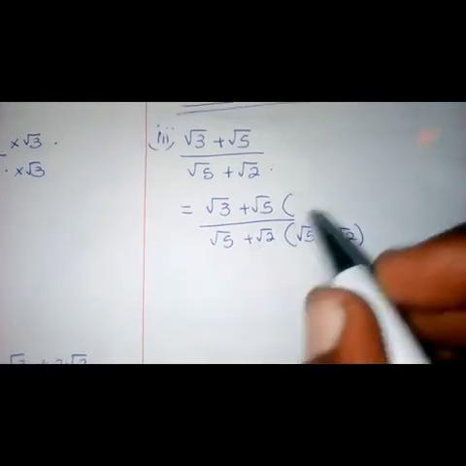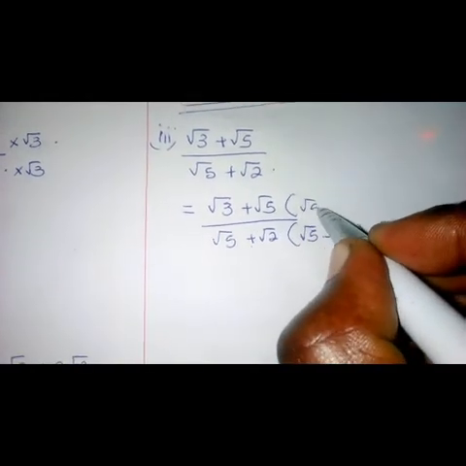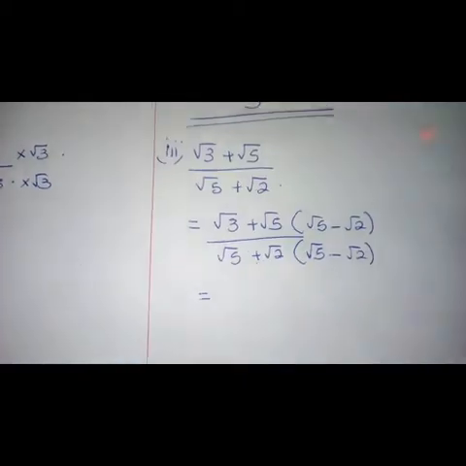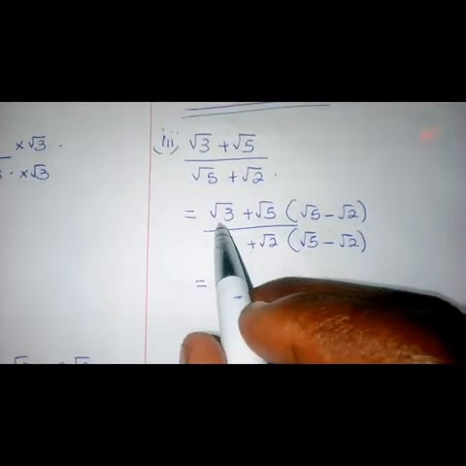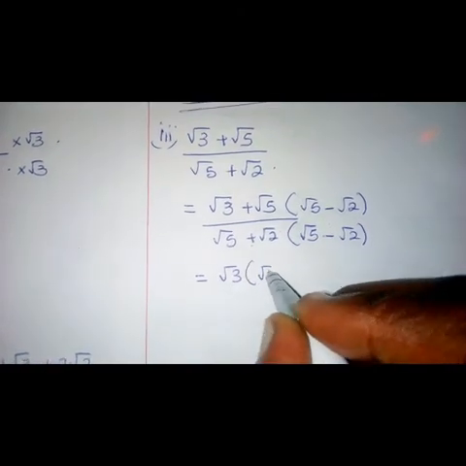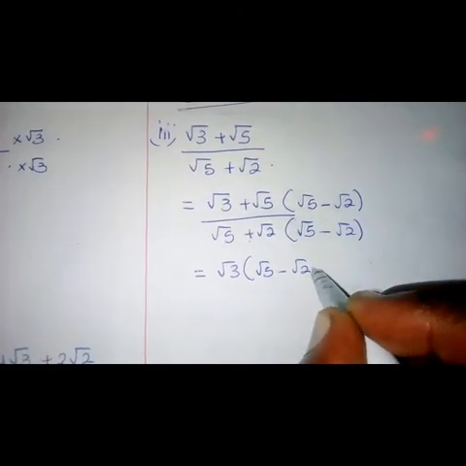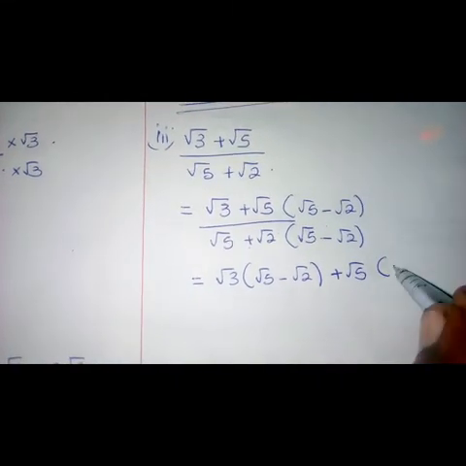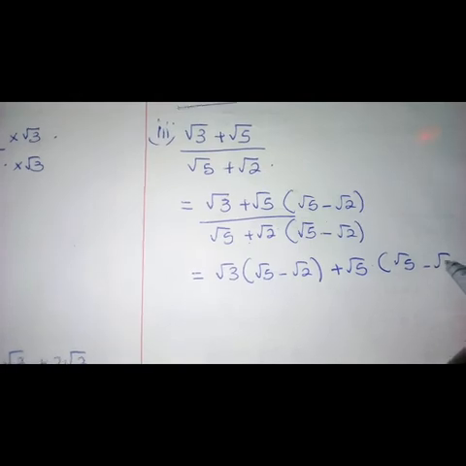Since this is plus, I do the same here, root 5 minus root 2. So I'm going to do the opening of brackets like we have been doing. Root 3 multiplies the whole bracket, root 5 minus root 2. Then positive root 5 will multiply the whole bracket, which is root 5 minus root 2.